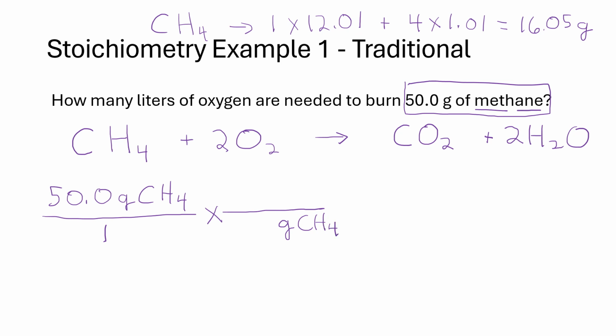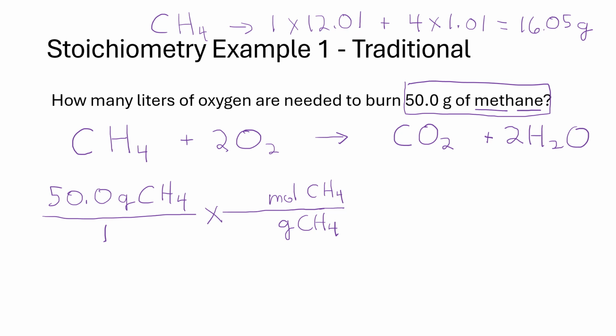In the traditional way, this first conversion, the second fraction that I'm writing, is going to convert what we were given into moles. That's the purpose in life of the second fraction: to convert grams of methane to moles of methane. When we're converting the units of a chemical, that's going to be a mole triangle conversion.